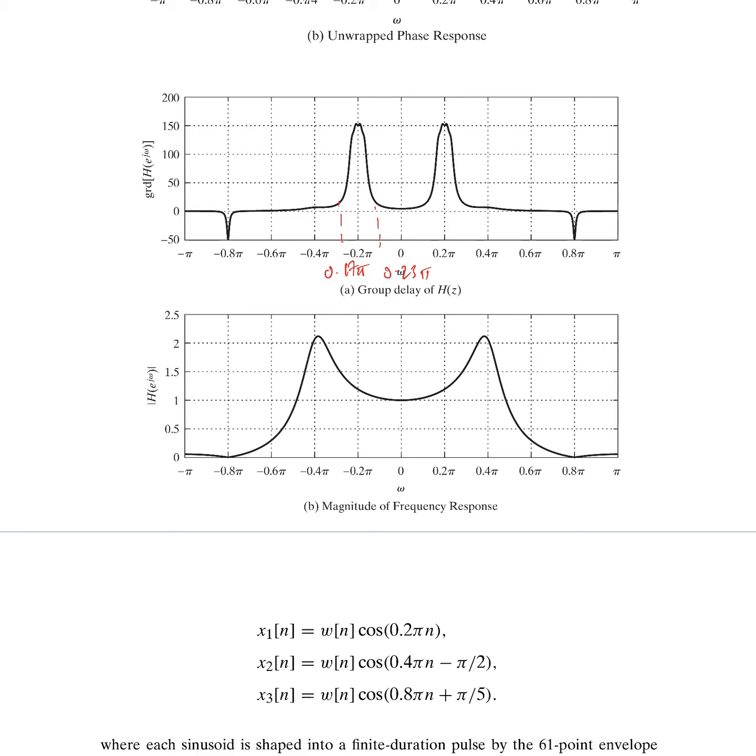Notice that there are a couple of frequencies in the group delay, because at plus minus 0.2 pi we have large values in the group delay, and at plus minus 0.8 pi we have negative values, and at 0 and plus minus 0.4 pi there is no significant visualization in the group delay, but in the magnitude response we see some nice features at these particular frequencies. So that's why this input signal is constructed in such a way that we can analyze what happens at different frequencies without even computing.